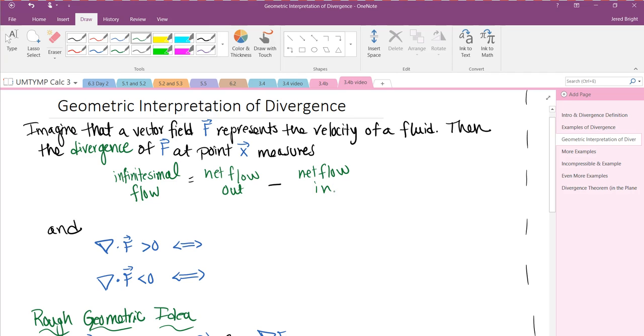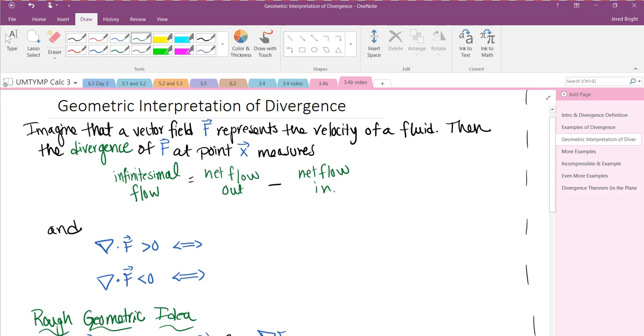Okay, so flow out minus flow in. And that's why, when I was using my language before with those examples, I was really looking at how much is going out, how much is going in, and comparing those two. So maybe revisit those examples now with that enhanced understanding, and maybe you can better argue why it's positive or negative.